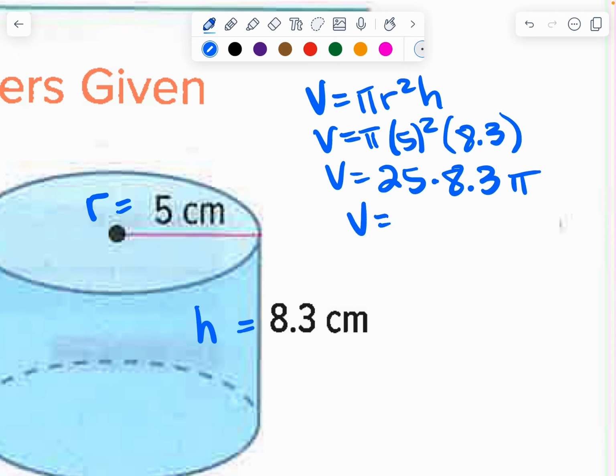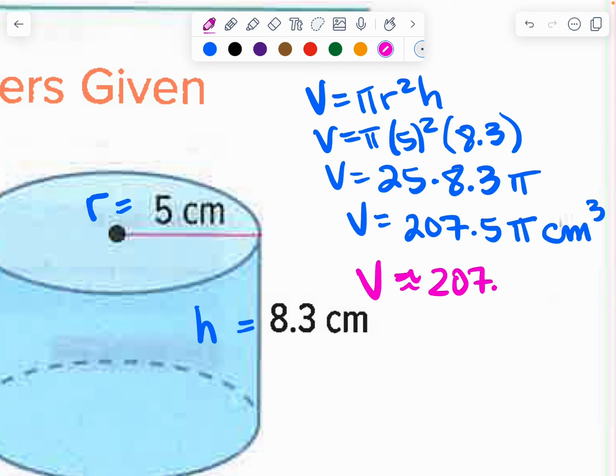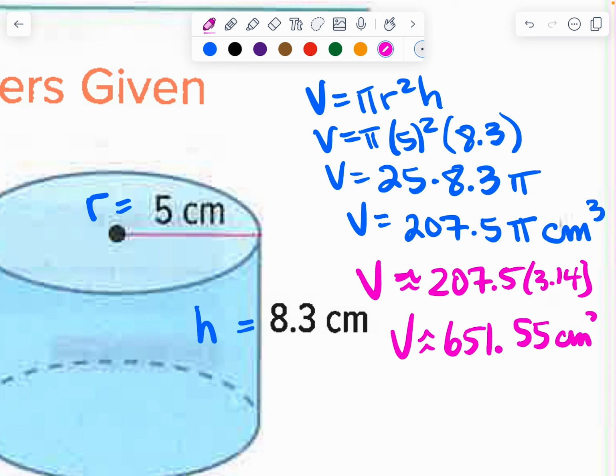And I get 207.5 pi centimeters cubed. And if I'm going to estimate it, it's going to be 207.5 times 3.14. So I'm going to multiply it by 3.14, and I'm going to get approximately 651.55. And that's going to be centimeters cubed.